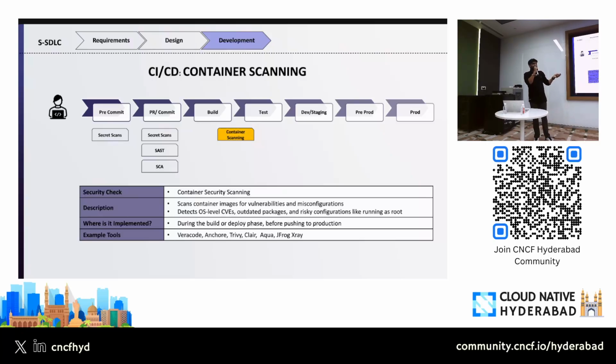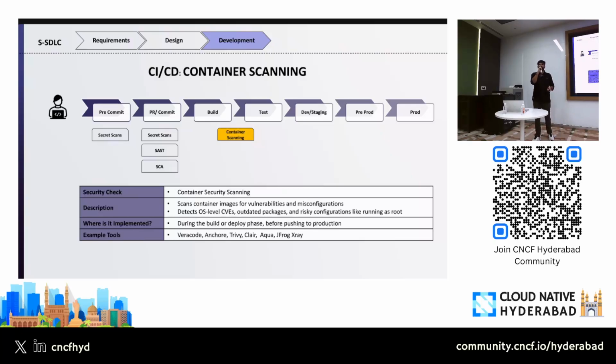Let's say you did all these scans and your code is clean and your third-party libraries are clean, everything is clean. But what if the operating system or the way you deploy is itself vulnerable? It's again a way for an attacker to get inside the system. So that's why container scanning comes in help.